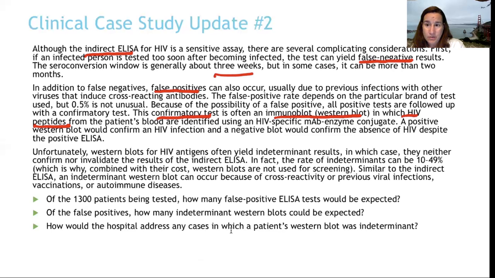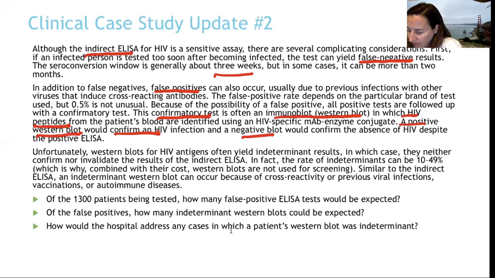Do they have the HIV proteins? Do they have HIV protein 1? Do they have HIV protein 2? Do they have any HIV proteins at all? So we're going to use a Western blot to confirm any positives coming from these indirect ELISAs. And then, here we go, a positive Western blot would confirm HIV infection. A negative would say that it was a false positive.